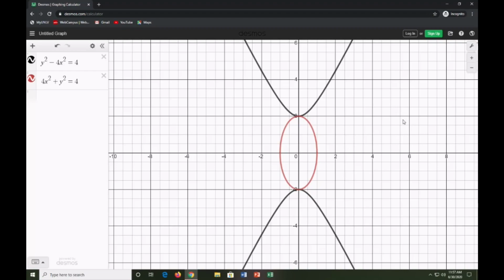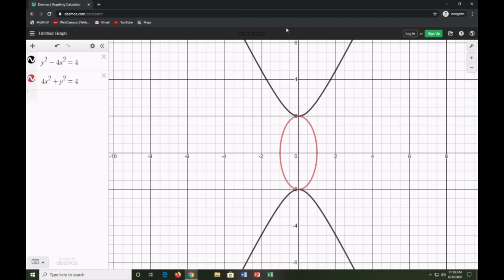In trigonometry, you become more familiar with these concepts, the major axis of an ellipse and so on. But the major axis of an ellipse is the longer axis. The shorter axis is along the x-axis in this case. The major axis is along the y-axis. So at the ends of the major axis, the ellipse connects with a hyperbola.